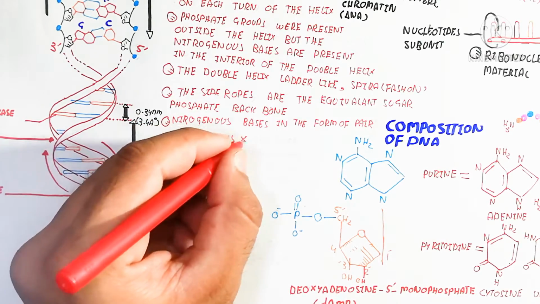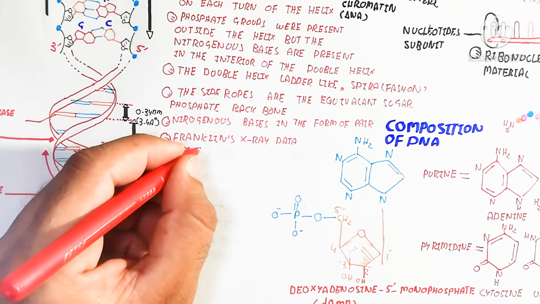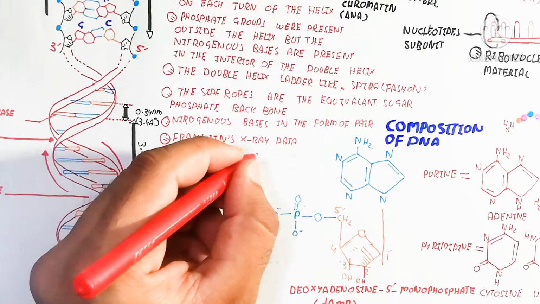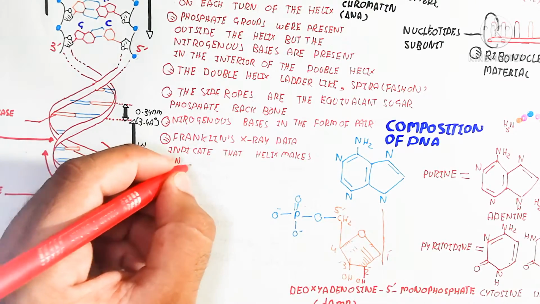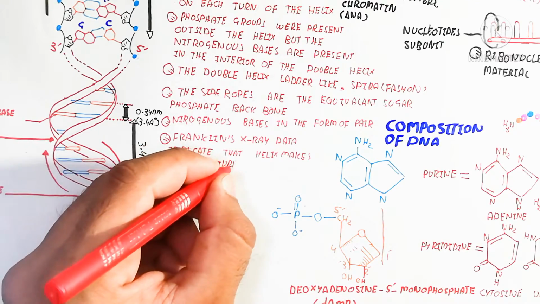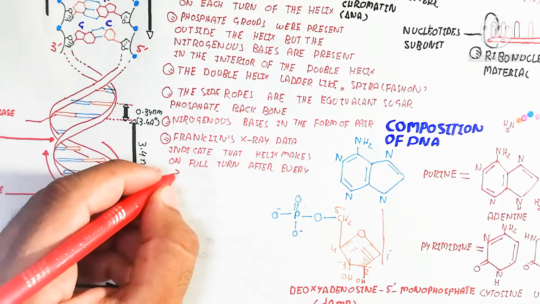Here the nitrogenous bases are in the form of pairs. Franklin's X-ray data indicate that the helix makes one full turn after every 3.4 nanometers of its length.